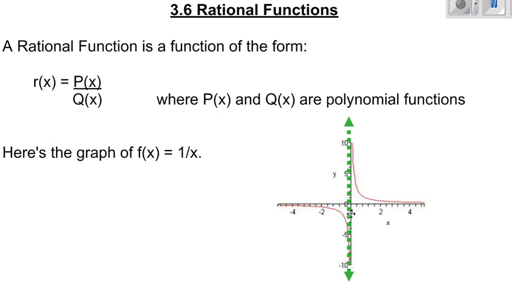Or in the other direction, as x gets closer, y goes to negative infinity. There's also a horizontal asymptote. And as x goes to negative infinity, y gets closer to it, or x can go to positive infinity for the other direction.